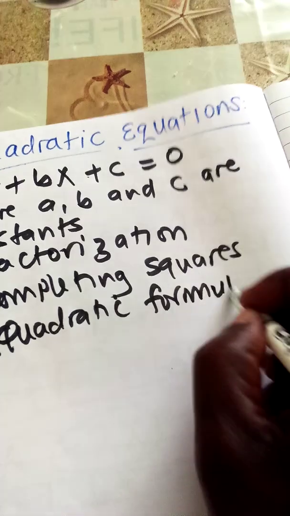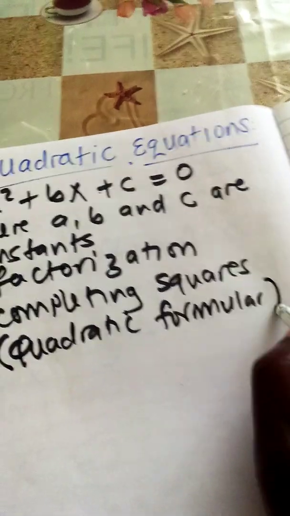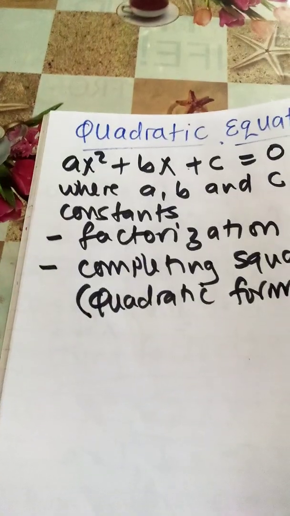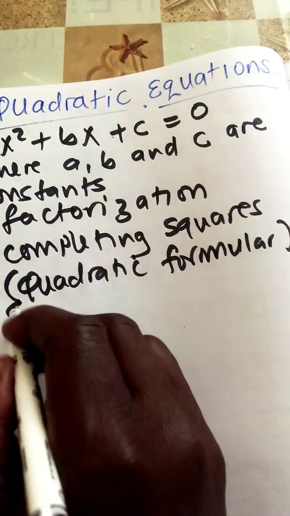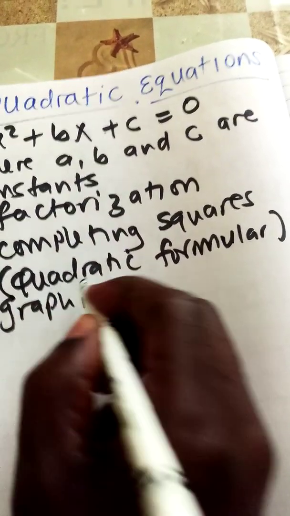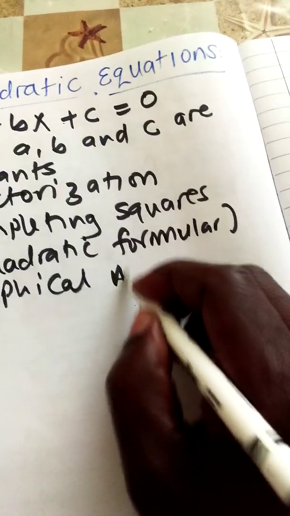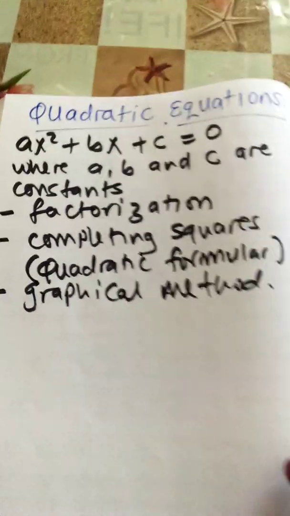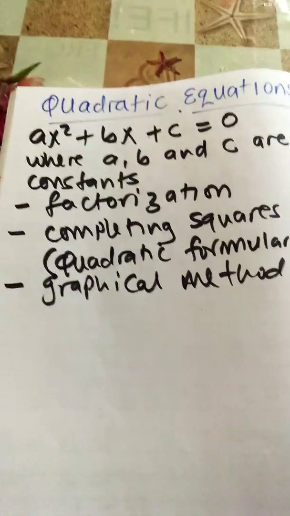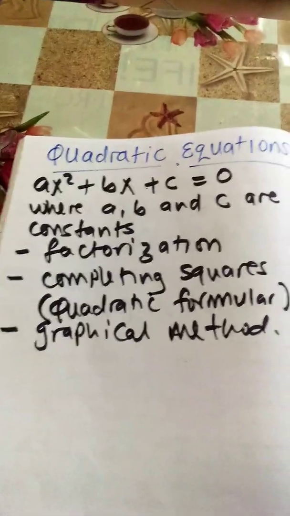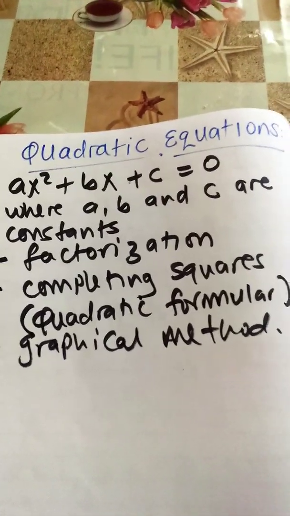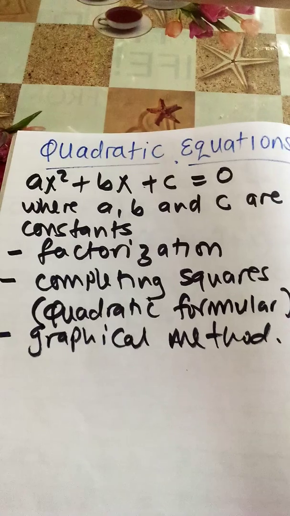But basically it's all about completing squares, so I prefer to call it completing squares, and then there's the graphical method. In this video I'll basically look at the factorization method. In my upcoming videos we shall look at completing squares and the graphical method.